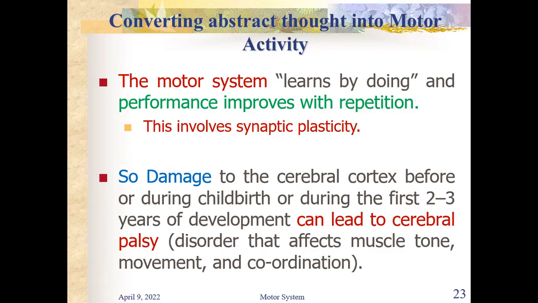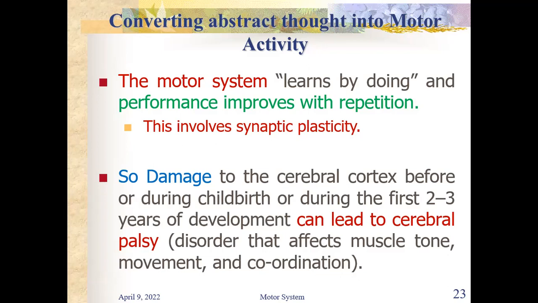So the motor system learns by doing. I just want to add a little explanation to how voluntary movement is initiated. So the motor system learns by doing, and performance improves with repetition. What we used to say, practice makes perfect. As you continue doing, the motor system will learn and becomes perfect when you carry out that same task another time.